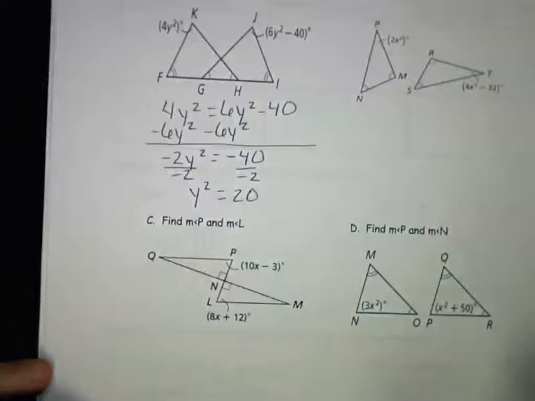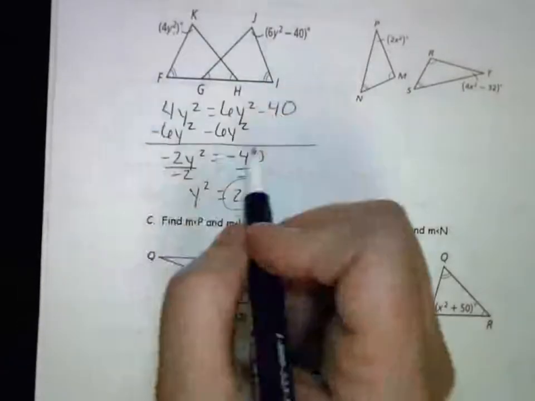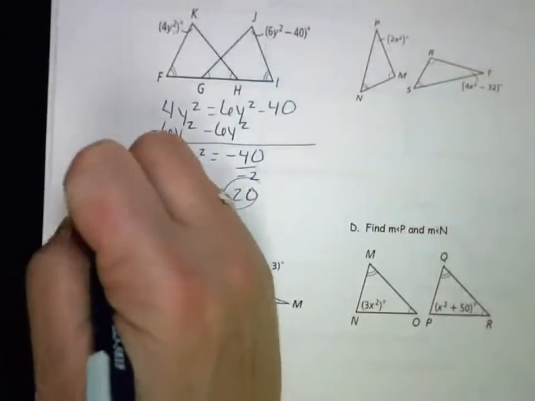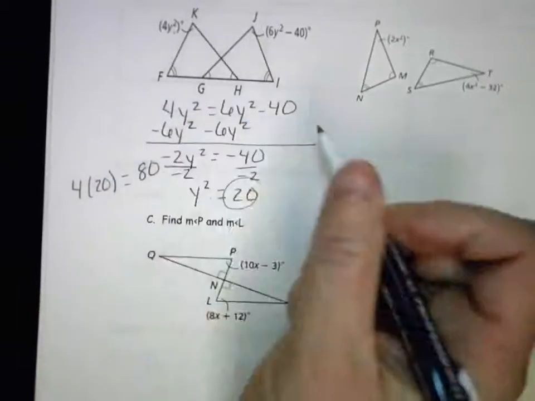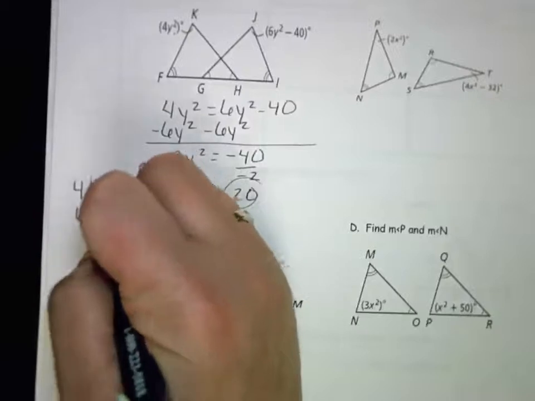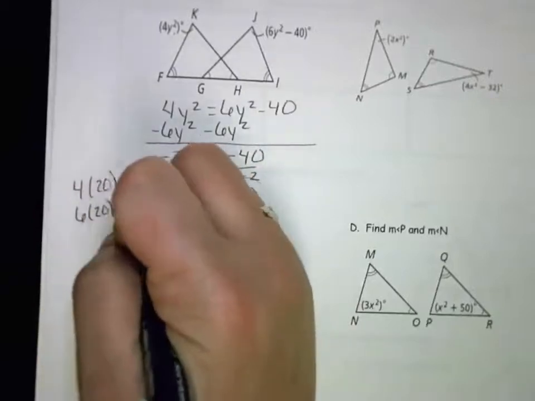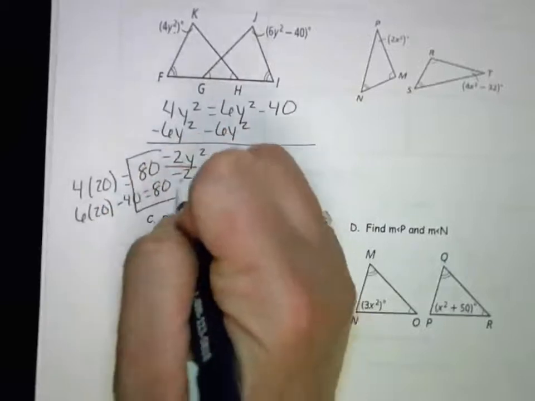And you don't have to square root this. You can just take this and put it right in the y squared. 4 times y squared, which is 4 times 20, is 80. And if you do 6 times 20, that is 120 minus 40, which is also 80.